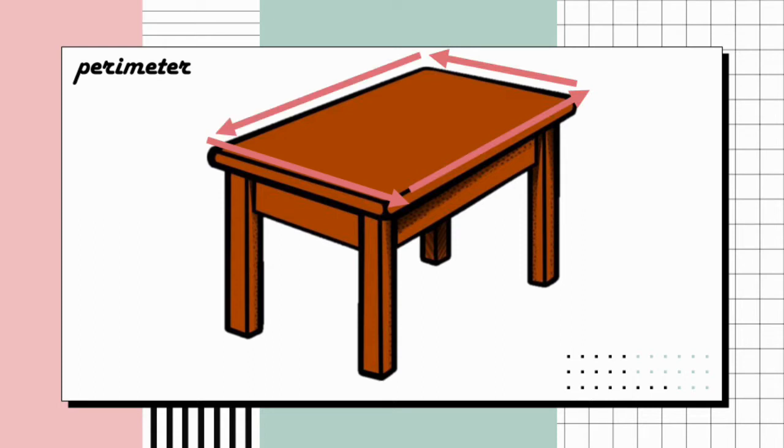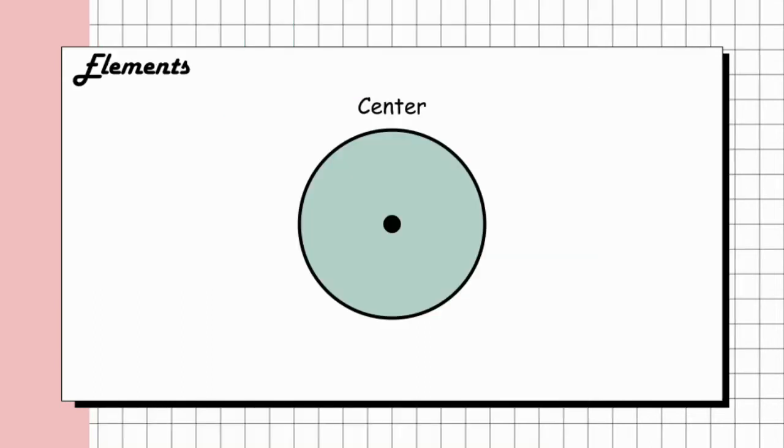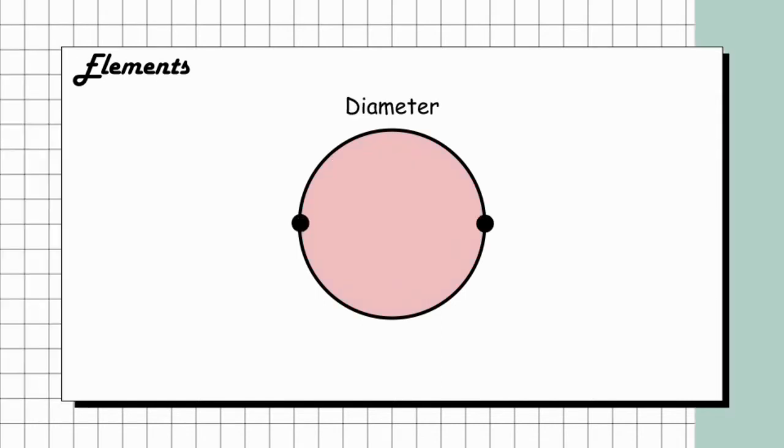Now, let's learn about the elements that make up a circumference. The center is a point which is at the same distance to any other point on the circumference. The diameter is the distance across the circle through the center.